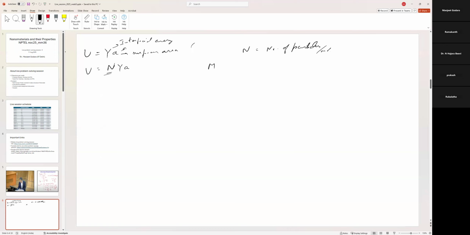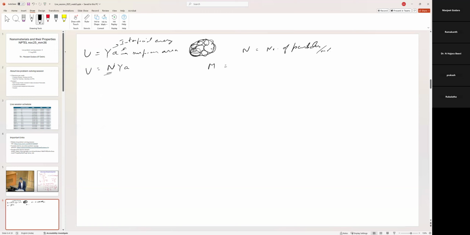If you assume a spherical particle with some atoms sitting on the surface, to get the value of n, here we are assuming all the atoms are sitting on the surface.